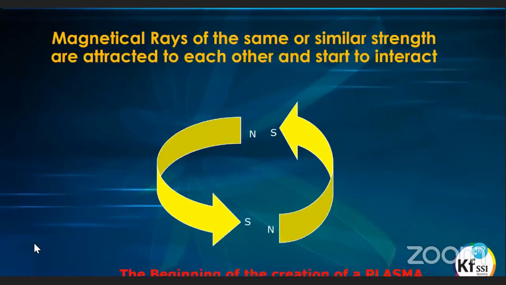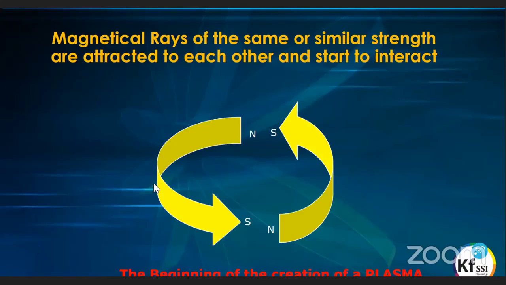As was shown in the video, you have the magnetic rays coming and interacting. So you get the rays of similar or very similar strengths come and start interacting with each other, and you get the beginning of the creation of a plasma.